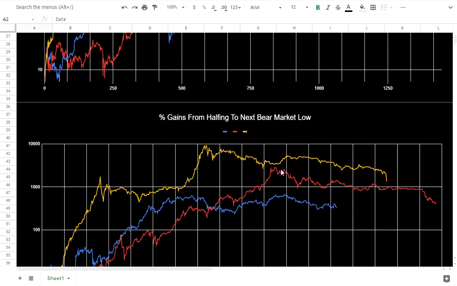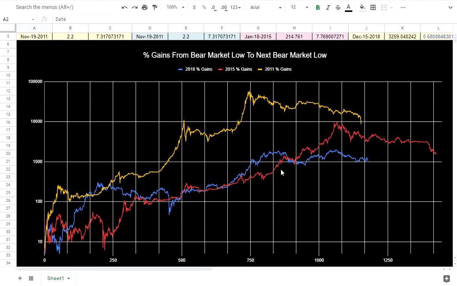What would change my mind as to lengthening cycles? Well, obviously a new all-time high would definitely change my mind on that. But even trading above 50k and holding that for at least a month or so, that would give me a bit more confidence that we're going to push higher and perhaps test those all-time highs.